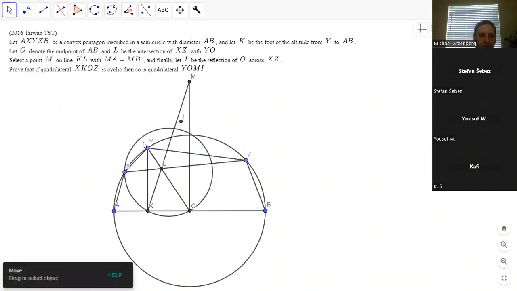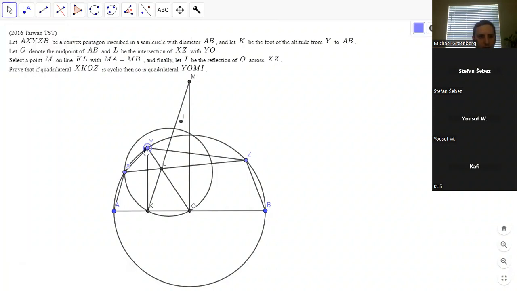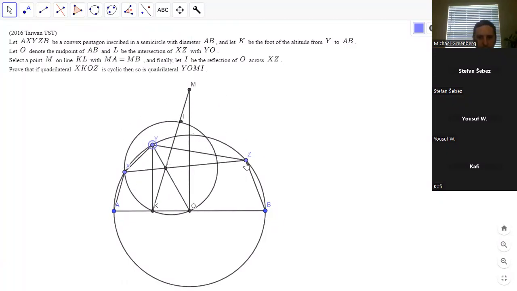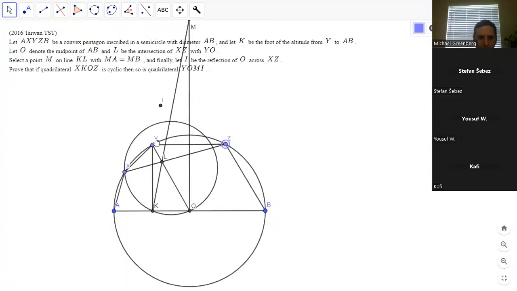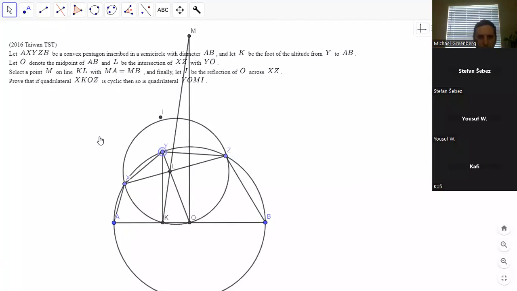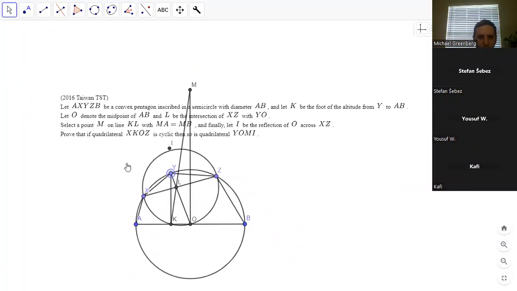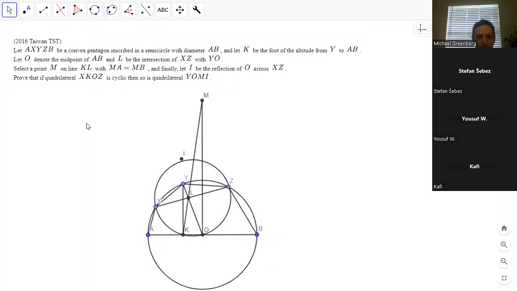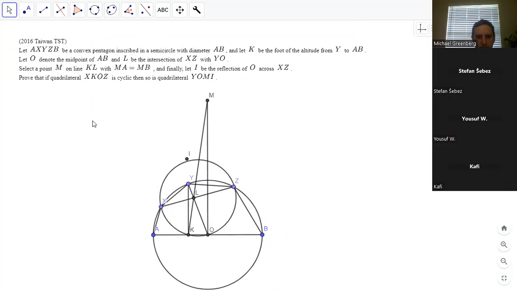So let's move things around a little bit. Something like that, but let's make it look a little better. There's got to be a way. If we do something like this, I feel that looks a little better. I have to shrink it a little bit, but I think that's an okay diagram.